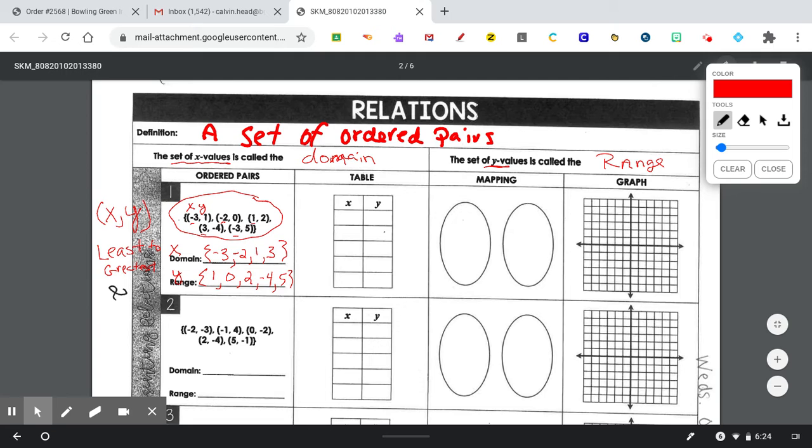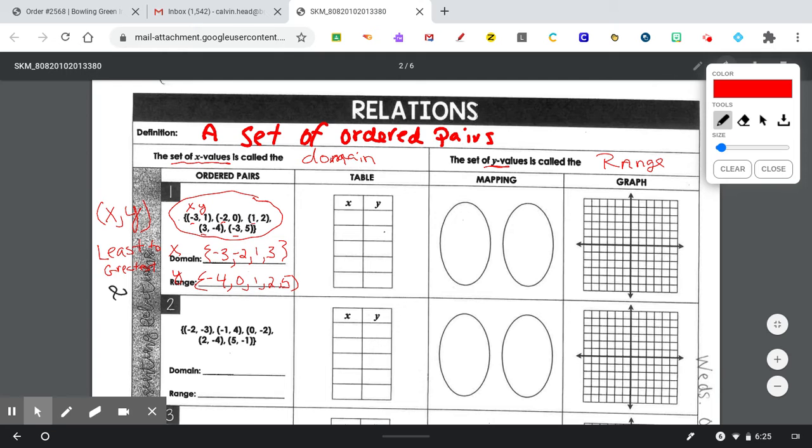So I'm going to go back here, erase, and put these in order. It should be -4, 0, 1, 2, and 5. So the X's were already listed in order from least to greatest, but the Y's weren't. Just remember to put them in order from least to greatest.